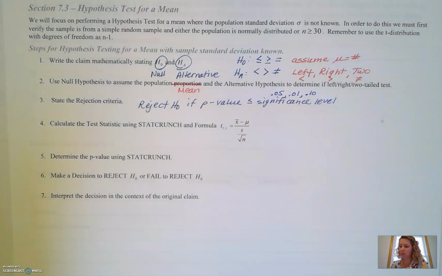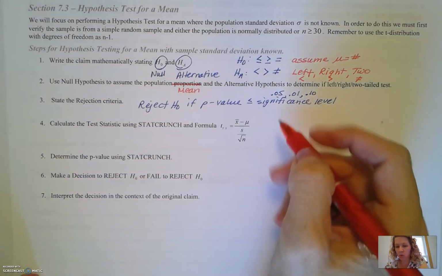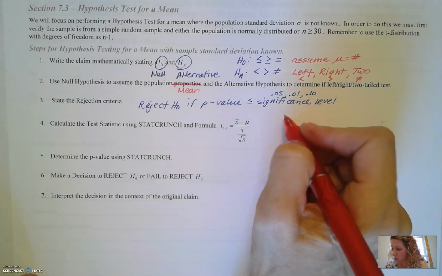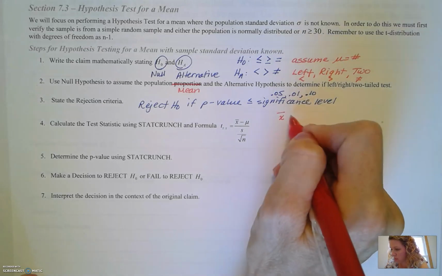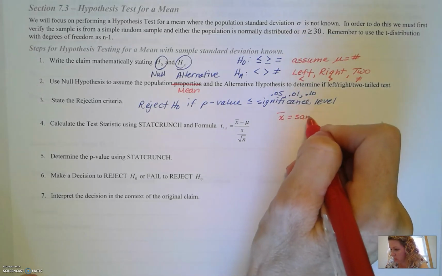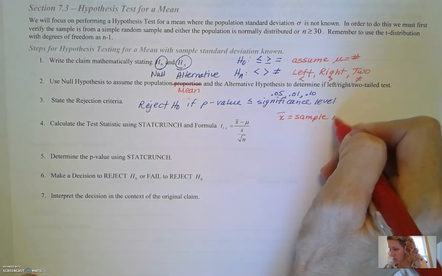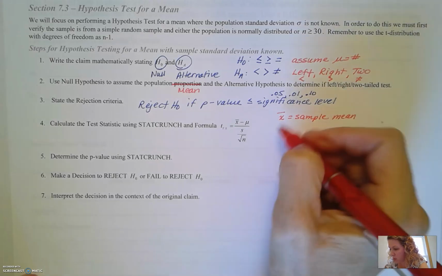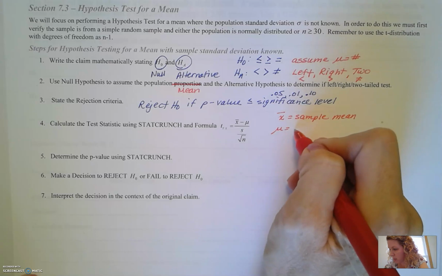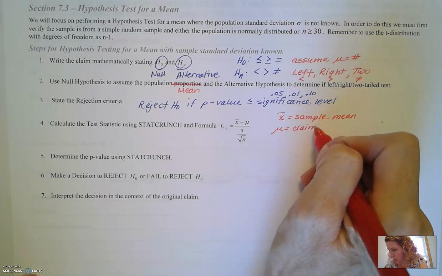Next, calculate the test statistic using StatCrunch formula, some sort of technology here. Remember, X bar is going to be the sample mean. Mu is the claimed population mean.